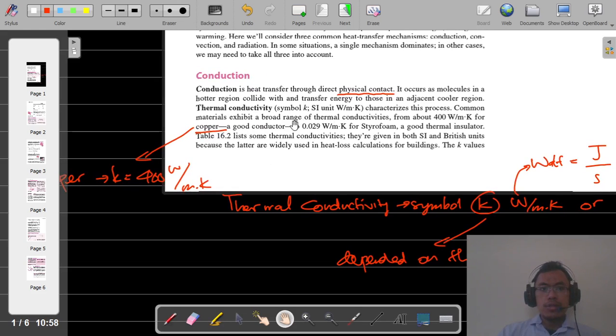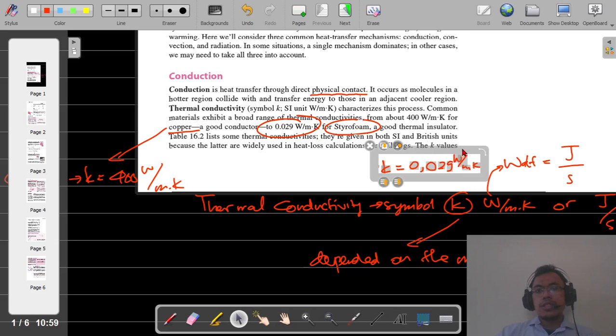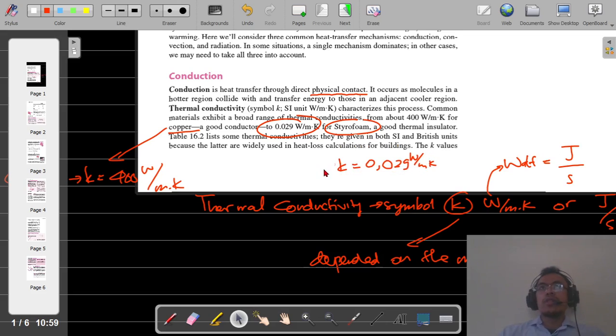Meanwhile, there is also a material called styrofoam. The value of thermal conductivity of styrofoam is only 0.026. So this is a very bad material for conducting thermal energy. That's why styrofoam is commonly used for wrapping food.